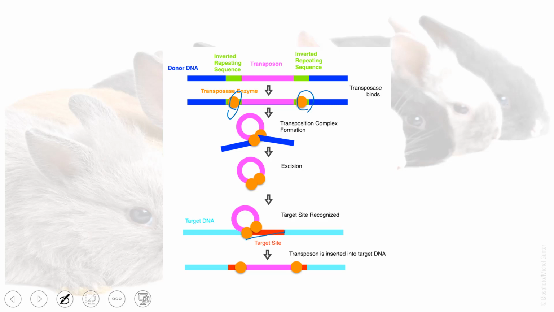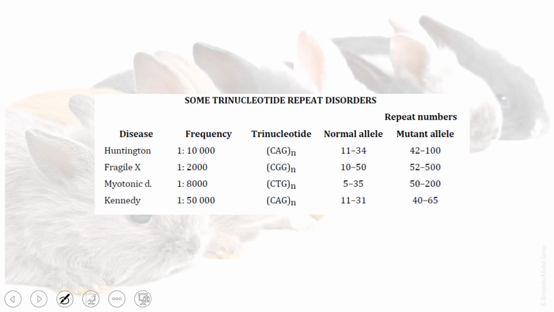This can also, during this transposition, be added in backwards, which can change the way it's read and change the protein product. And these are larger scale mutations, a lot of which we're going to talk about more in our video for Wednesday and during our lecture on Wednesday.